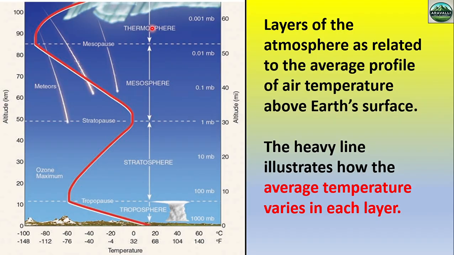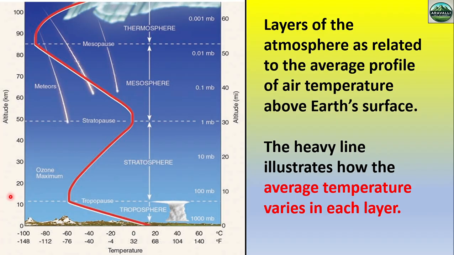From the surface up to 11 kilometer, this layer is known as the troposphere. See, the cloud is here. It means all weather phenomena happen in this layer. Then this one is the tropopause, and above the tropopause is the stratosphere.